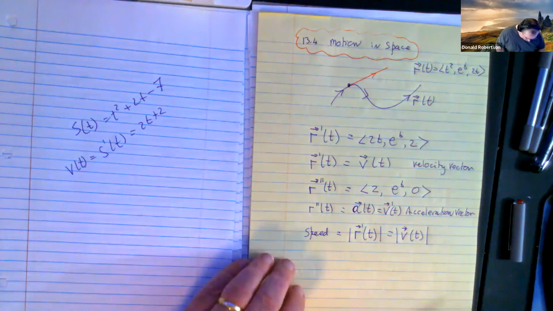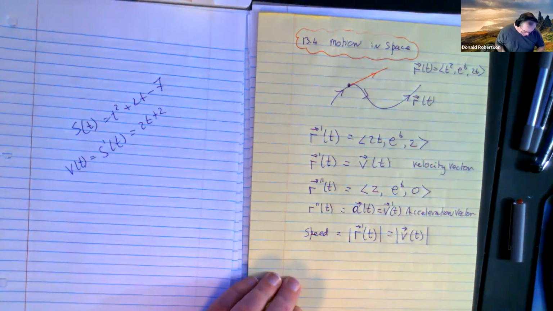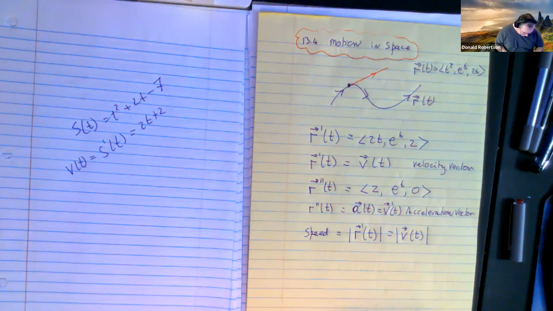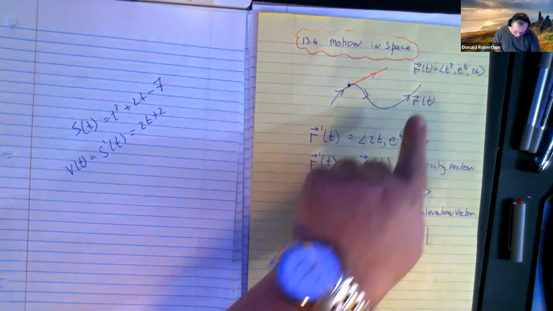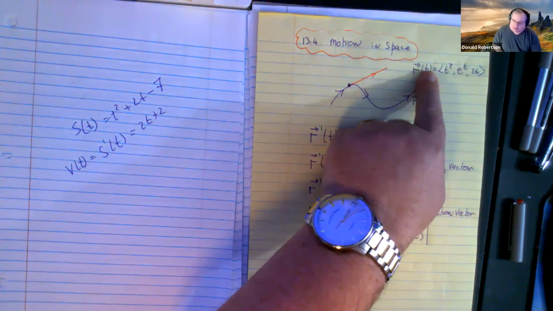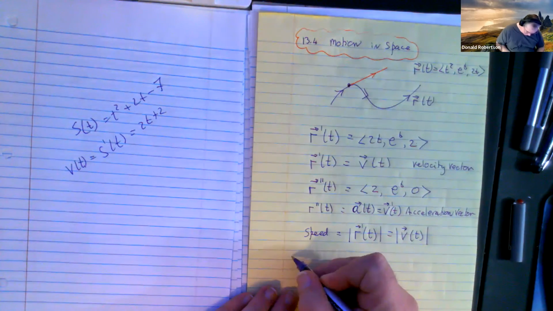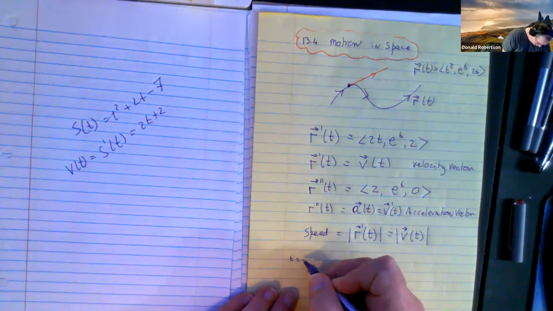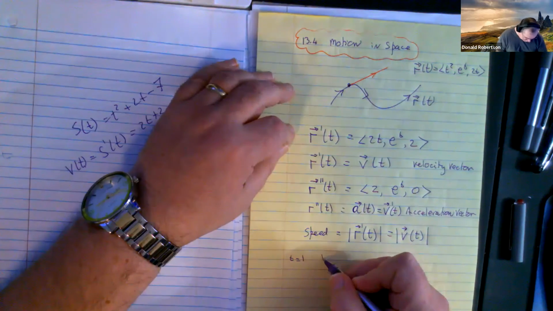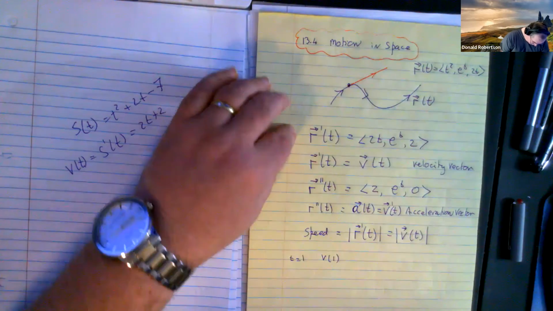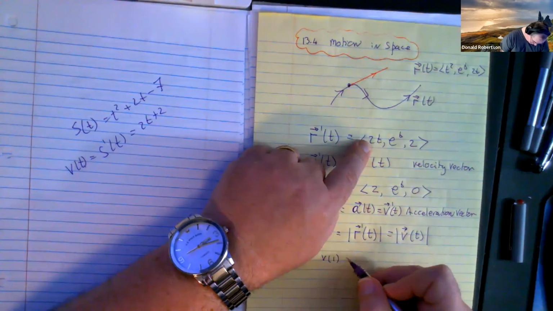Now, if you wanted to know the velocity vector, the acceleration vector, or the speed at any given time, don't you just put in the value of t and you've got it? So suppose this was our moving object, and I wanted to know all those things when t equals 1. Well, the velocity at 1 would be 2, e, 2.